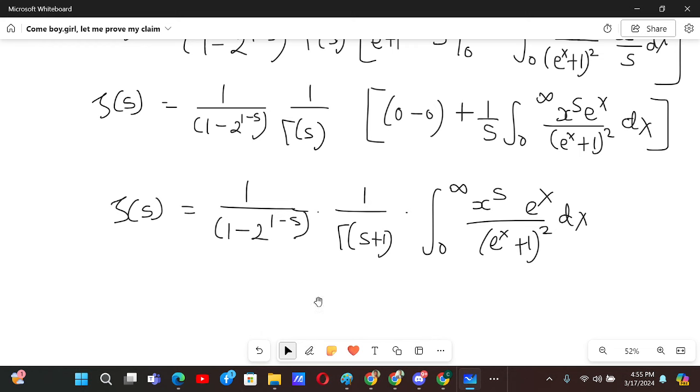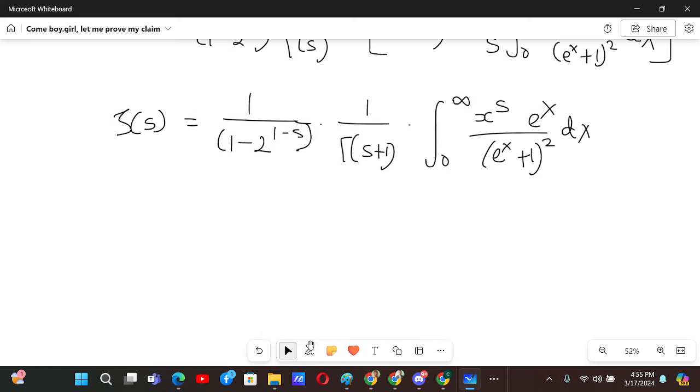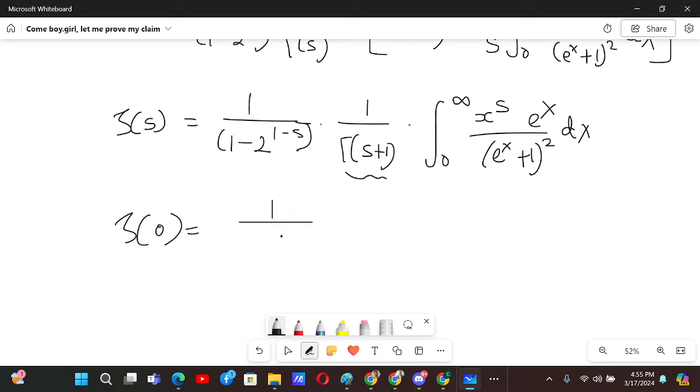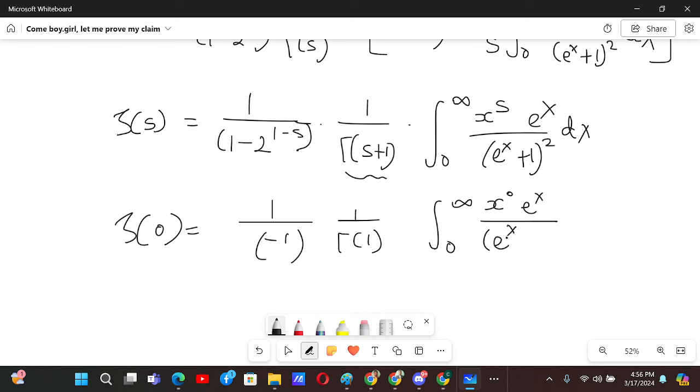And only now we can substitute, because now this is defined and there's no problem. If we substitute s at 0, over here this is 1 minus 2 to the power 1, so that's minus 1, and this is gamma of 1, and this is the integral from 0 to infinity of x to the power 0 e to the power x by e to the power x plus 1 whole square dx.